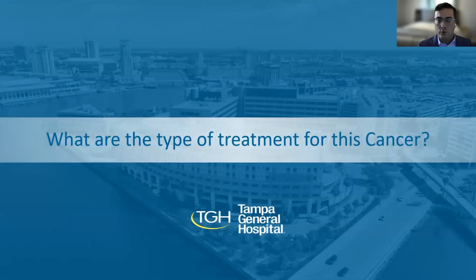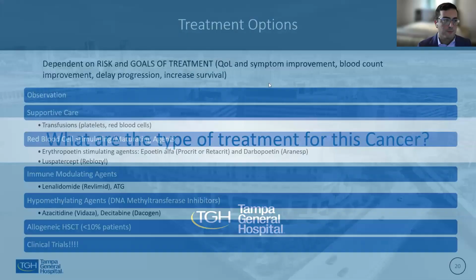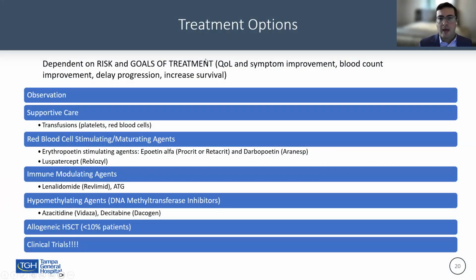So what about treatment for MDS? I'm not going to go into extreme detail here. We could have a whole talk or multiple talks about treatment for MDS, but I'm just highlighting some of the really big points of treatment for this cancer and what it looks like. It's really dependent on the risk of a patient as well as their goals of treatment.